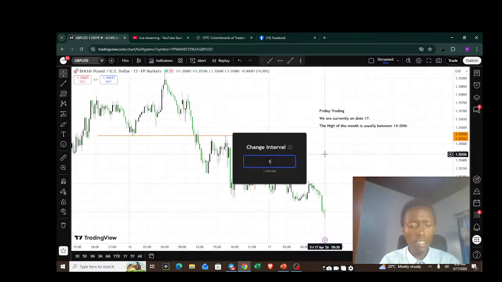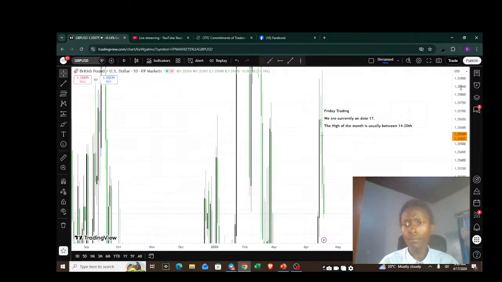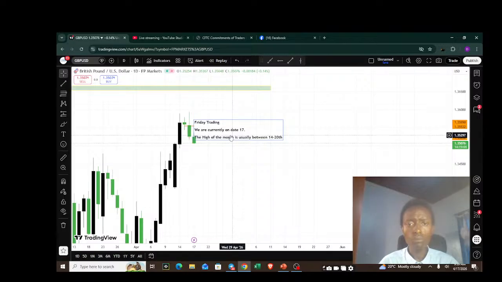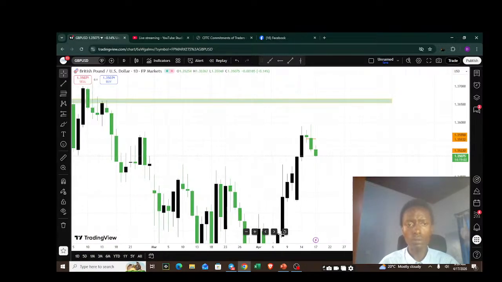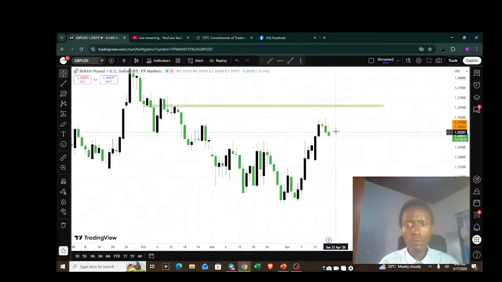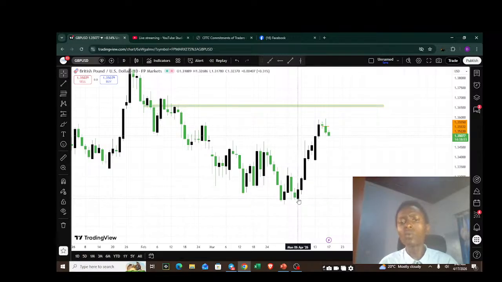Now, when we go to the daily time frame, we can see that this month opened with serious buys from the first day, from 6th April, all the way to 14th.